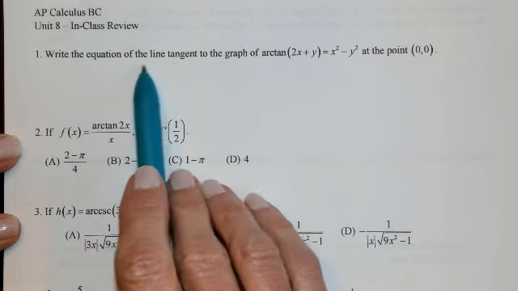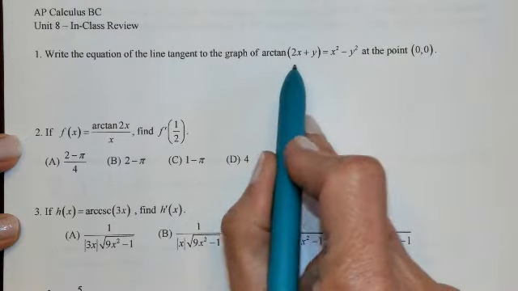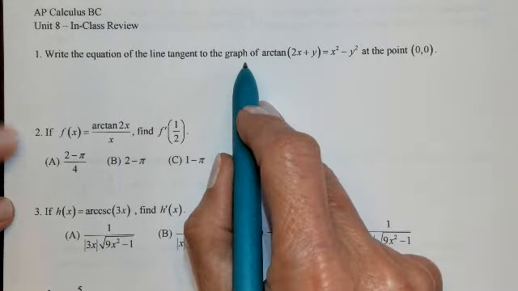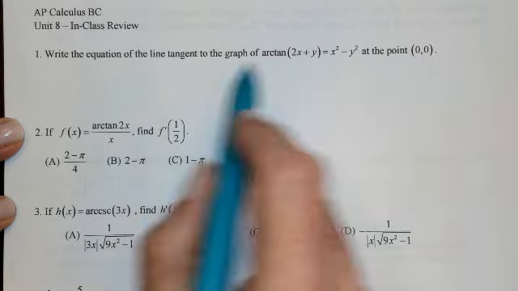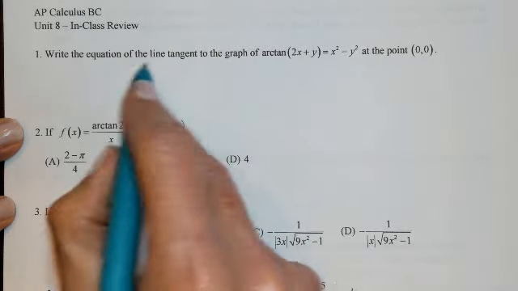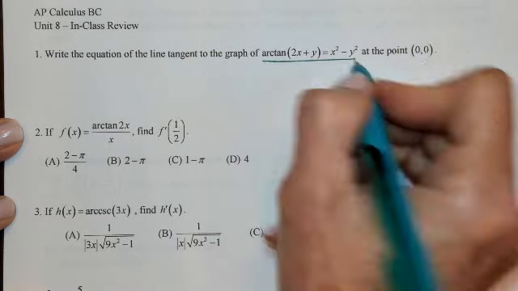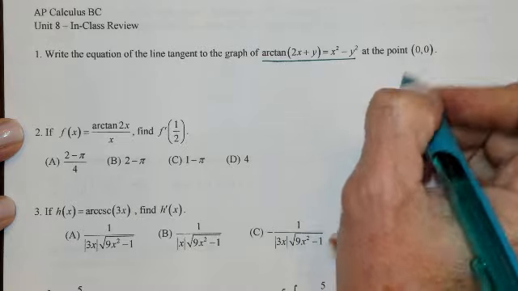Let's write an equation for the line tangent to the graph of this curve at the origin. Okay, so we're given the point, so we don't have to go find the point. Let's find the slope, right? So we're taking the slope of this, and we want to find the slope at the origin.